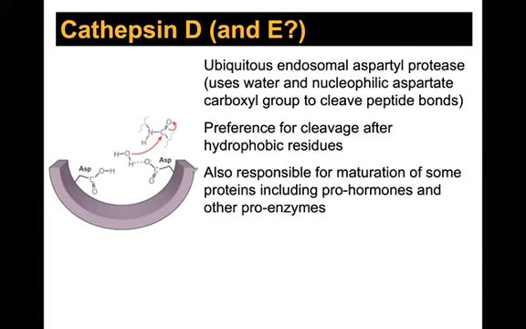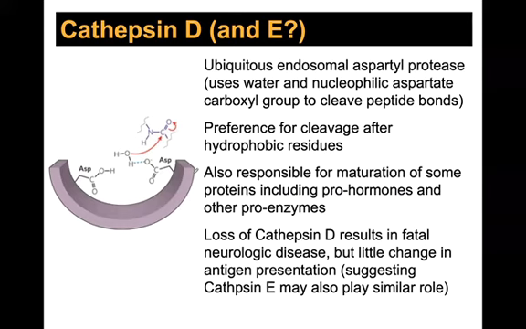role. And it also has other roles outside of the immune system for maturation of prohormones or proenzymes that are being secreted. And so if you don't have cathepsin D, you can actually get fatal neurological disease where you're not releasing the right neurotransmitters, and so neurons fail to develop properly.